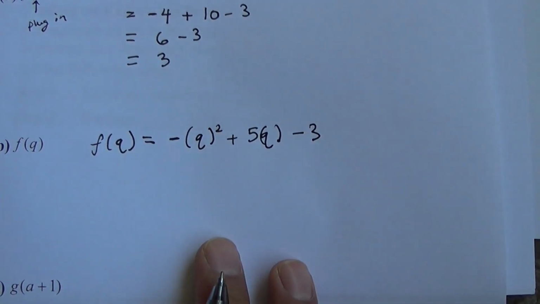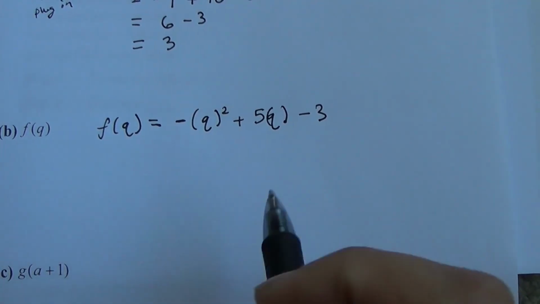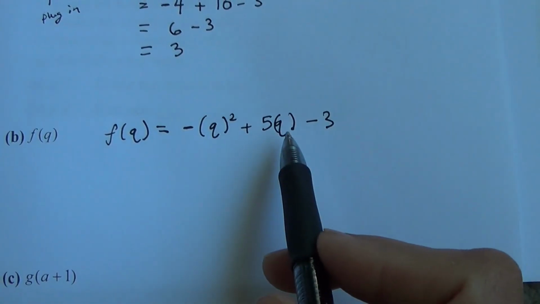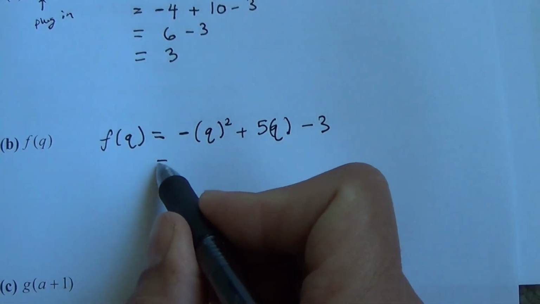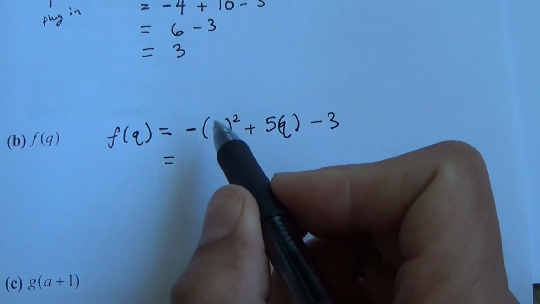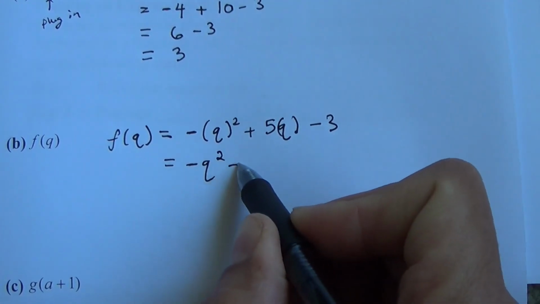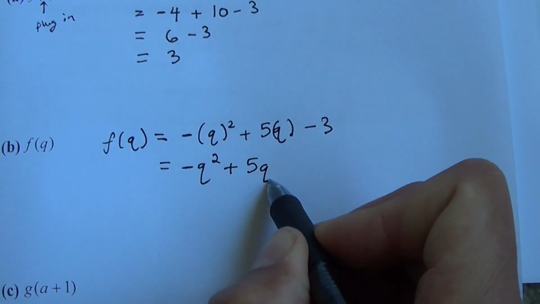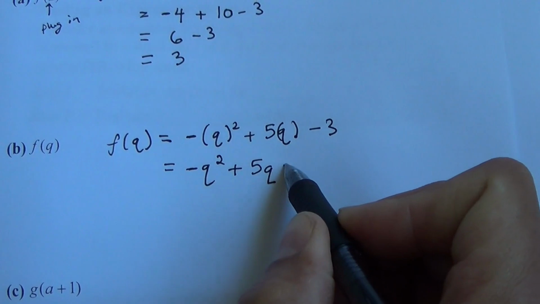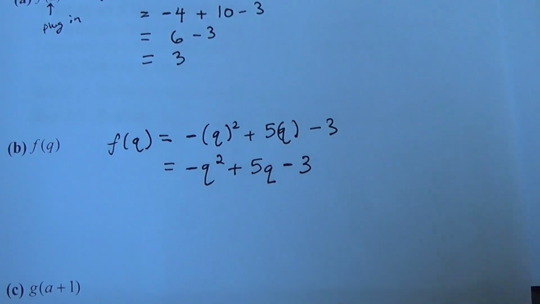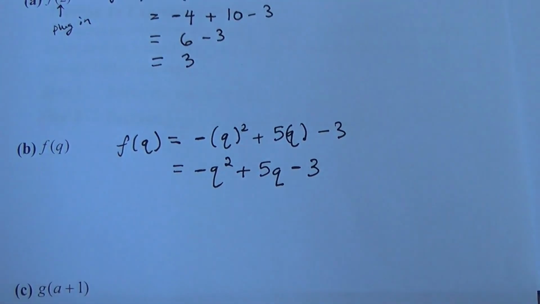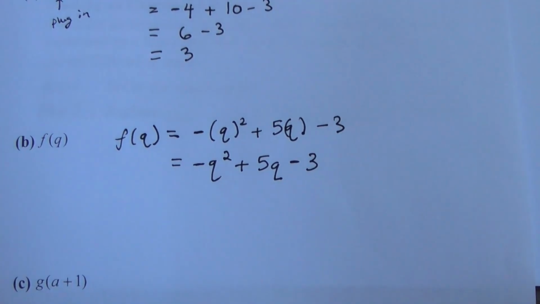Again, we use parentheses around each of the values that we're substituting into the equation. So we have negative q squared, which simplifies to negative q squared. 5 times q is just 5q, and we have negative 3 here. Since we cannot collect like terms, that is it for part B.